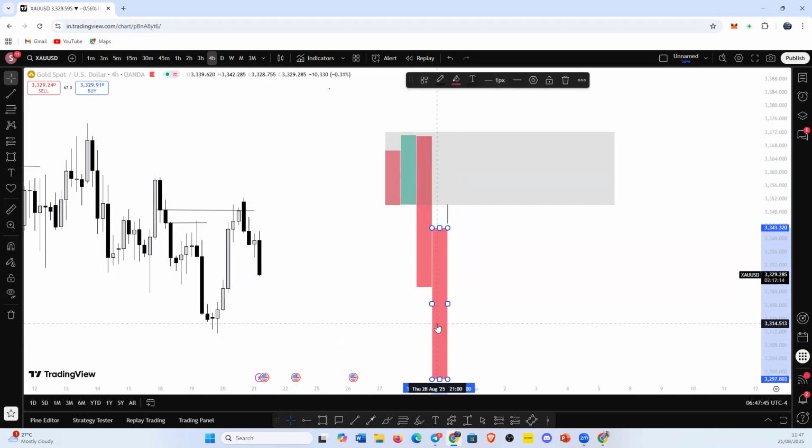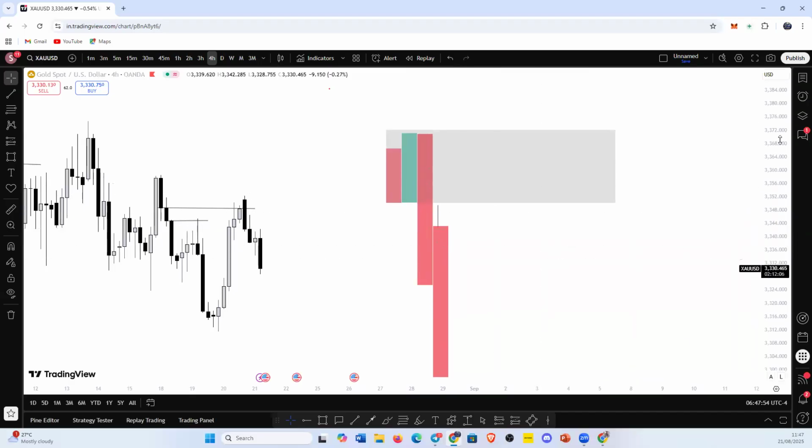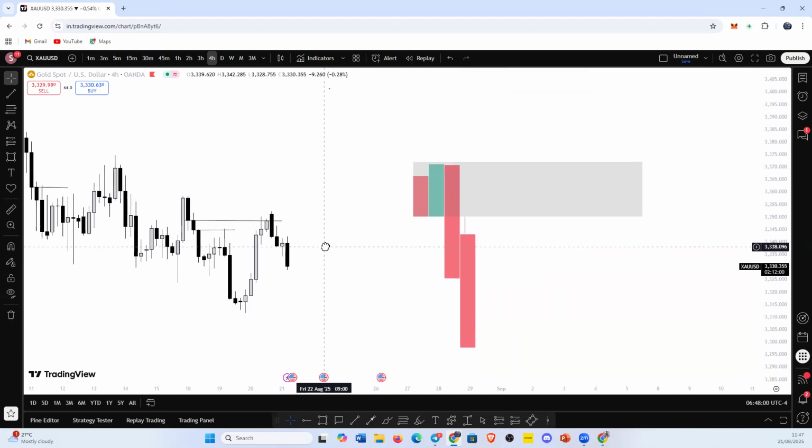Price does something like this to continue the trend. That's your engulfing fail. Your fail engulfing.